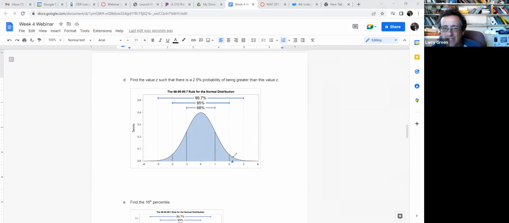And then we want to make sure there's a 2.5% probability, which means the area needs to be 0.025, sorry. Note that 2.5% is not 0.25, it's 0.025. Any questions on that so far?